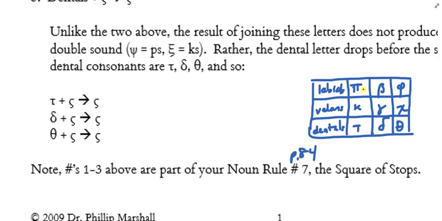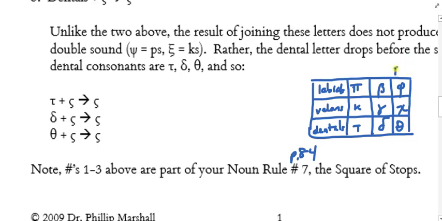B, B. Same thing with the kappa. K. Except you're not stopping the air at the lips, you're stopping it in the velar region. K and G, right? And then the dentals, you're stopping it right there. T and D. Okay? But the phi, chi, and theta sounds are technically not stops.